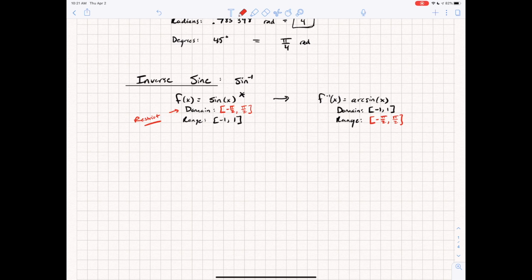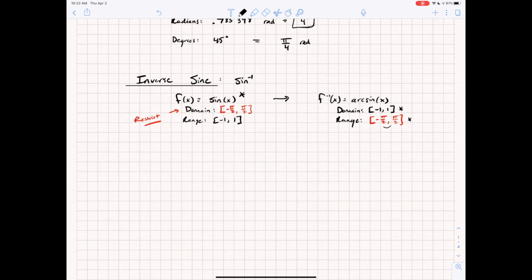And so what this ultimately is telling me is that when I'm plugging in these values for arc sine, my outcomes will only show answers in between negative pi over 2 and positive pi over 2. So what does that mean visually?